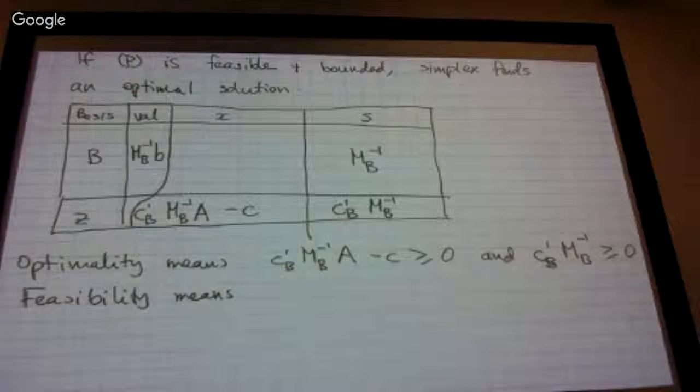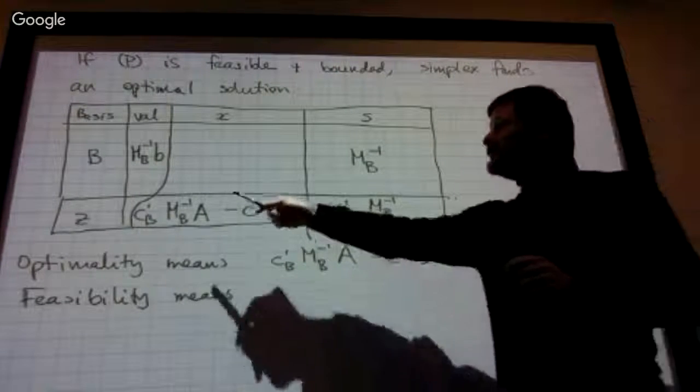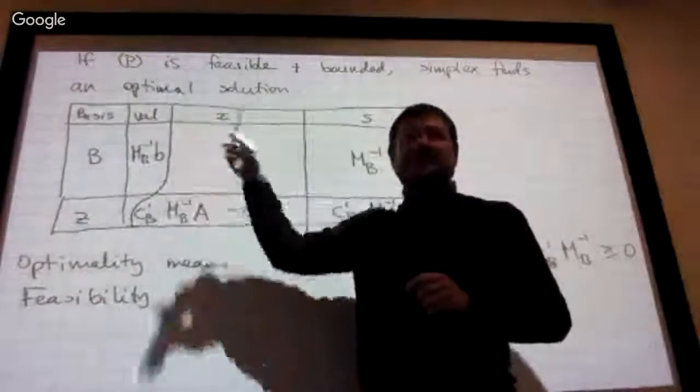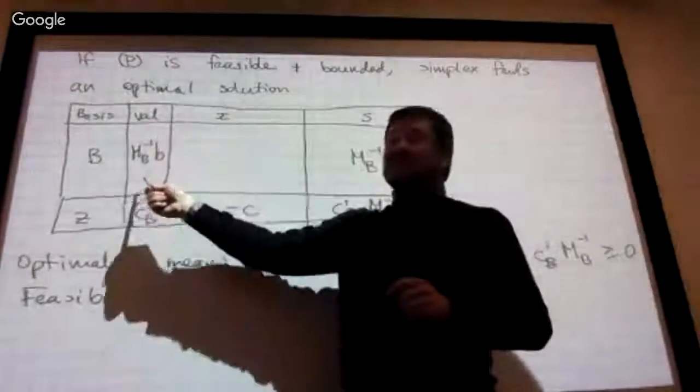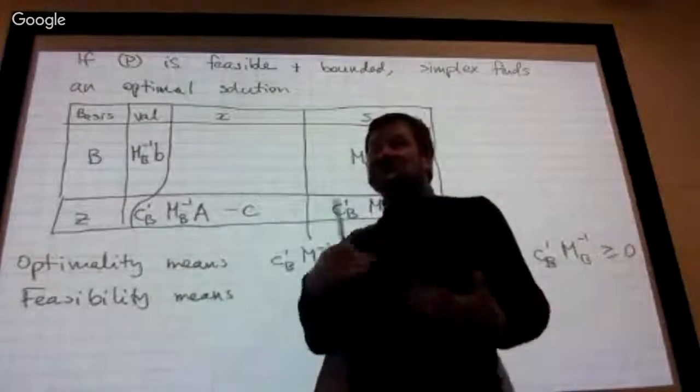And feasibility, how do we know that we even have a feasible solution? Where do we look? Okay. If there are negative numbers in the val, then there's something wrong, right? It's not feasible.